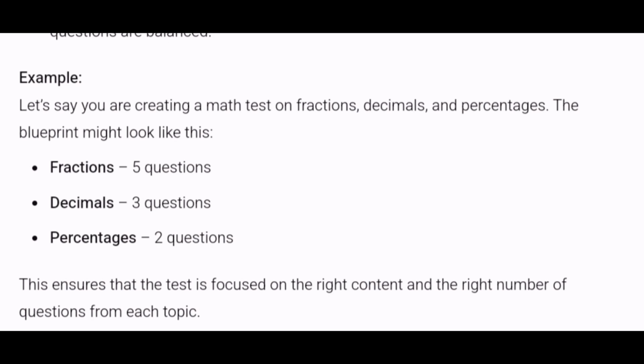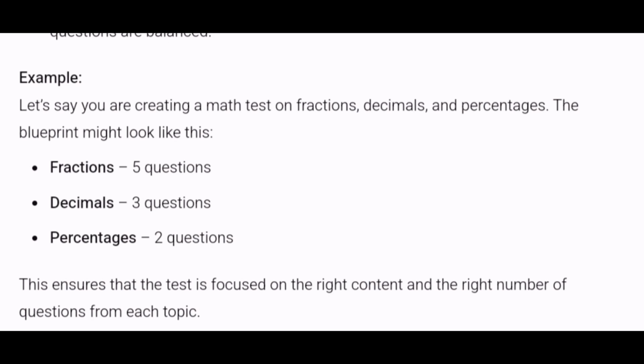The blueprint might look like this. Suppose if you are a maths teacher and you want to make a question paper for the learner, the type of blueprint you will have can be as follows, which says that fractions you want to give 5 questions, decimals you want to give 3 questions, percentage you want to give 2 questions, right? So like that you can make your blueprint or a rough work.